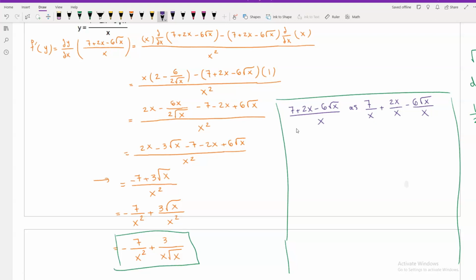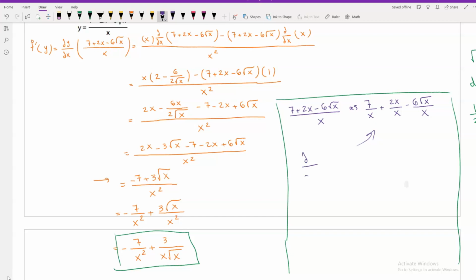So simplify and then differentiate each term individually. I tried to find the answer using the quotient rule, but the point is that you can also find the answer using this method. Find the derivative of each one.